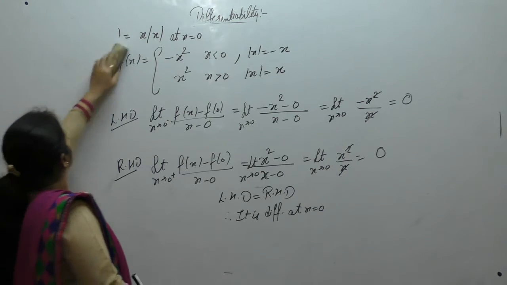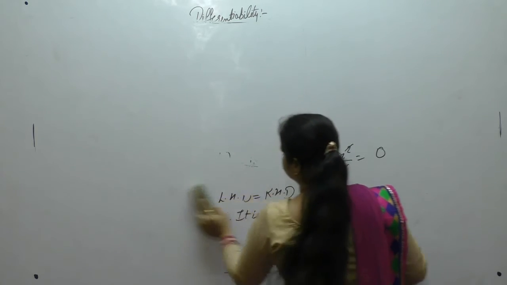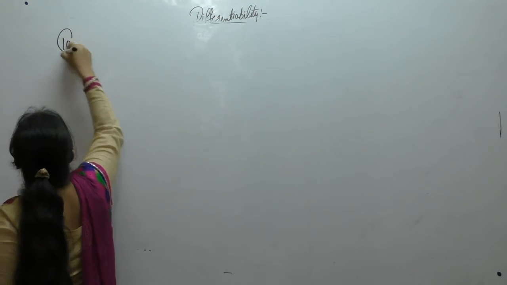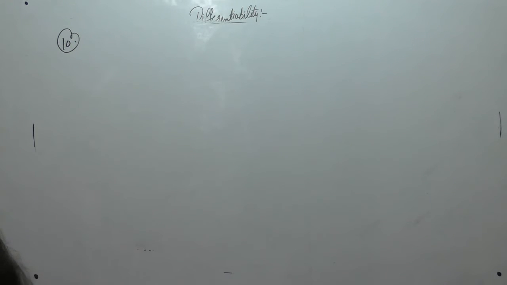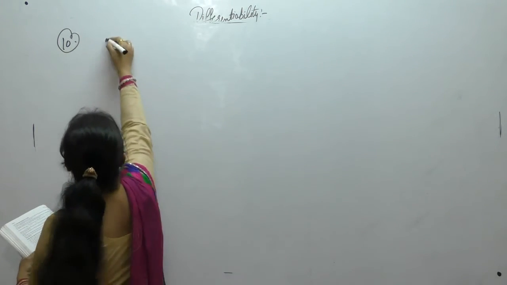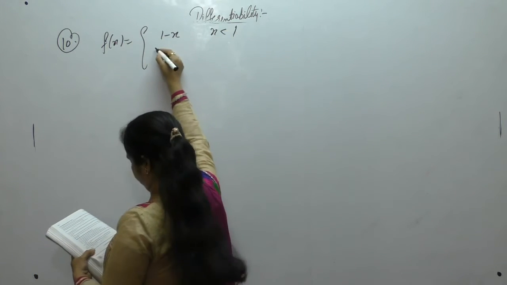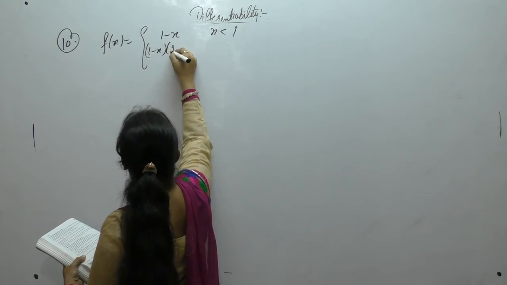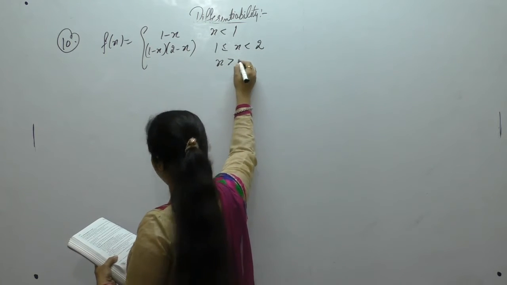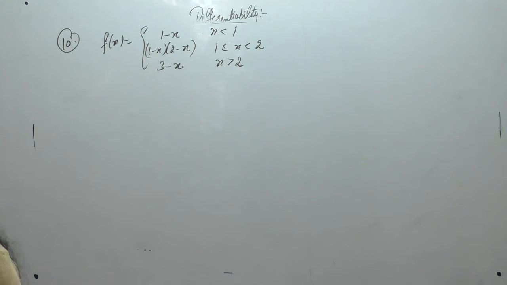Now the next one: discuss the continuity and differentiability of the function f of x as 1 minus x for x less than 1, 2 minus x for 1 less than or equal to x less than or equal to 2, and for x greater than 2, the function has value 3 minus x.